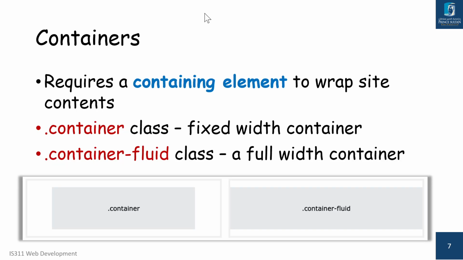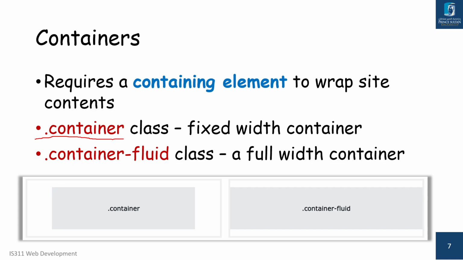Okay. And here are some containers. When I say container, look at that. I have given this thing here, and before that container I have put a dot. It means in the Bootstrap CSS file, they have defined a container class style.